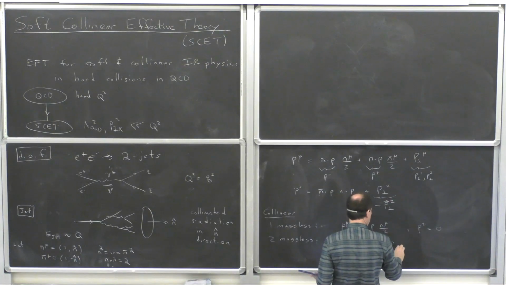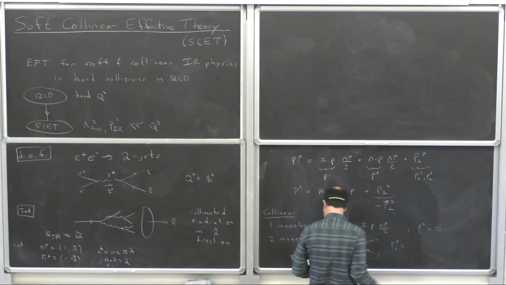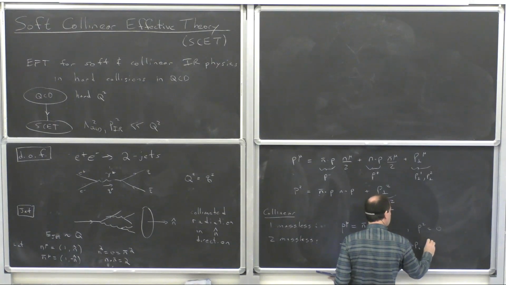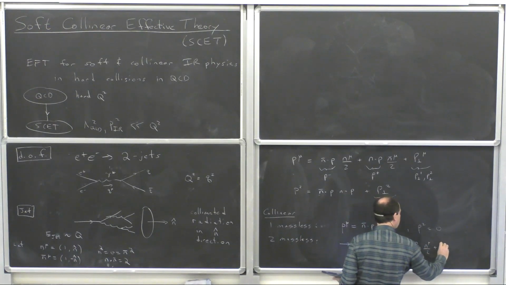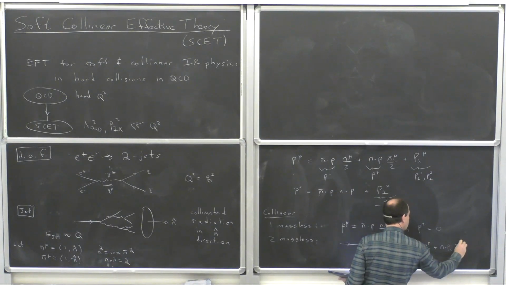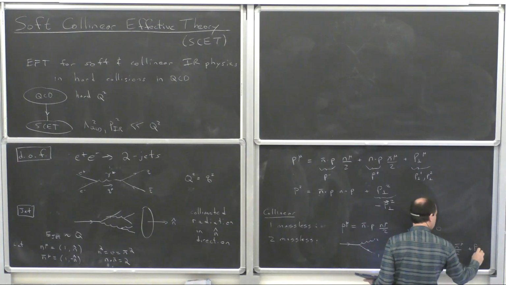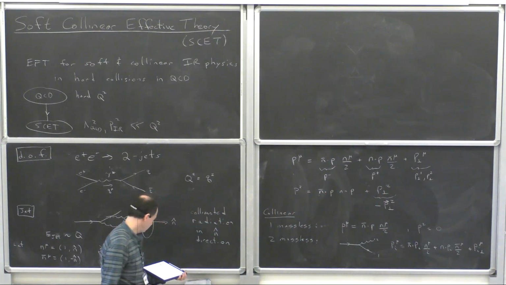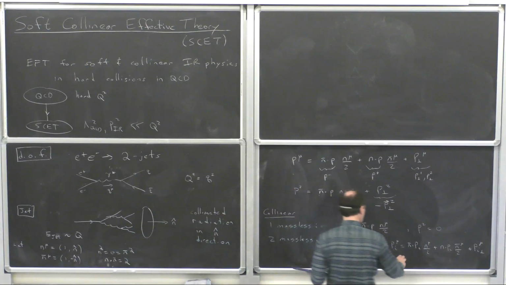So p i mu, the momentum of 1 or 2, is n bar dot p i times n over 2, plus n dot p i times n bar over 2, plus the perp component of p i. Just writing it out, where i is 1 or 2.